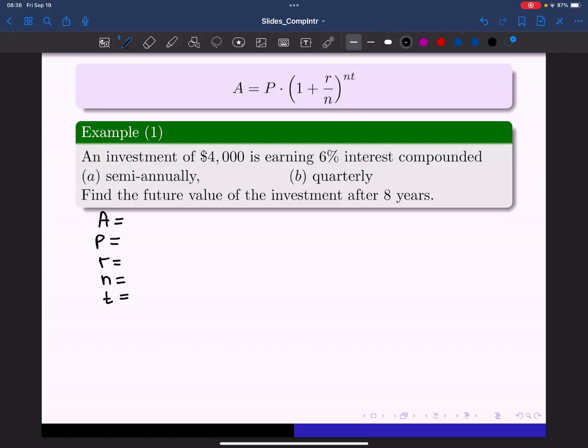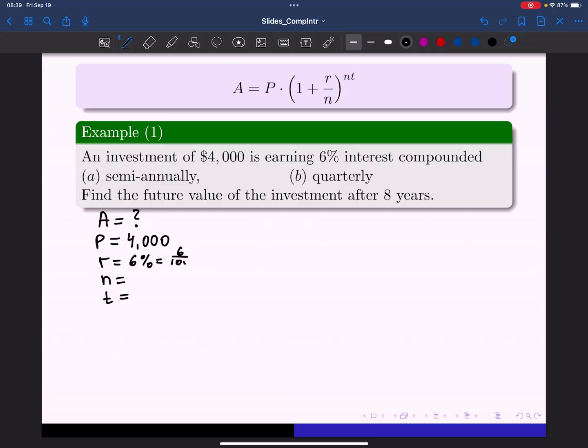So A is the final amount, that's what we are looking for. P is the initial amount we deposit, so it's 4,000. R is the interest rate per year, so 6%, we need to change it. How do we change 6% to decimal?